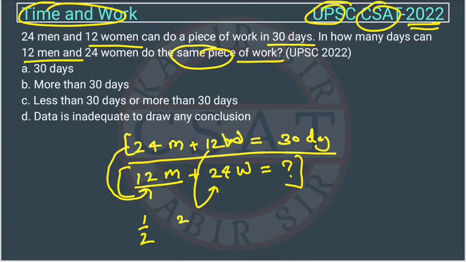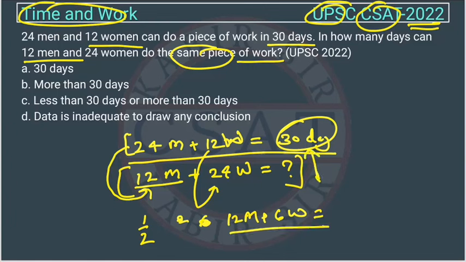But suppose this would have been 12 men plus 6 women. So what would have been the answer? The answer would be double of this, because we reduce the workforce, so it will get doubled here, because the workforce is just half of the previous one, right?